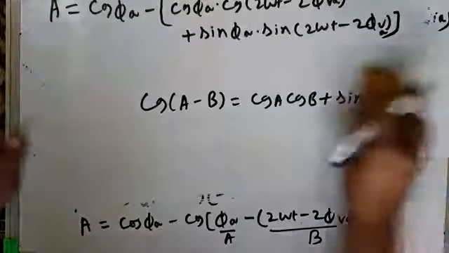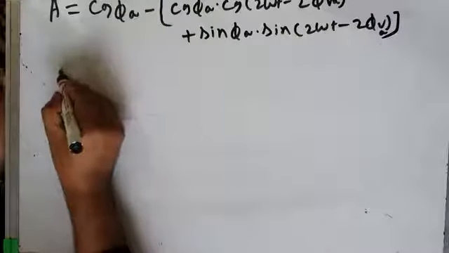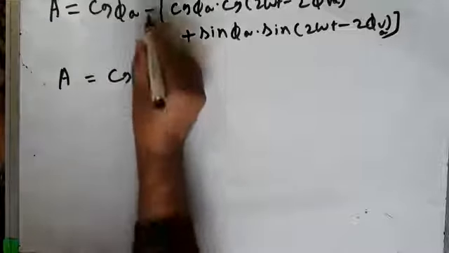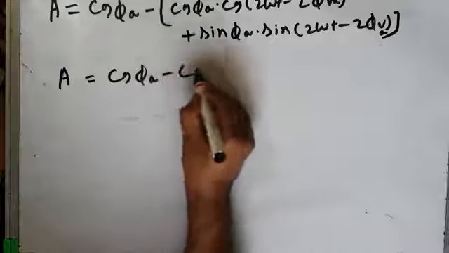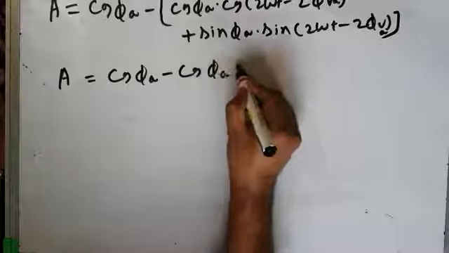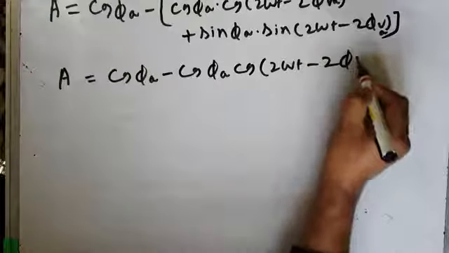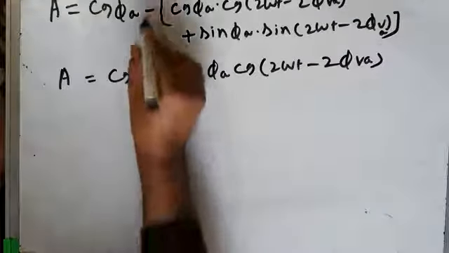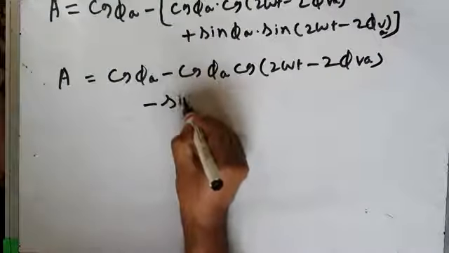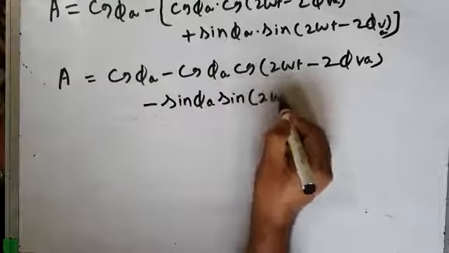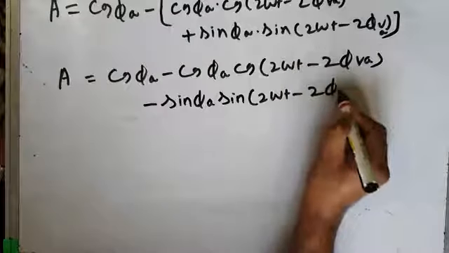That's it. So further simplification gives a equal to cos phi a, I will multiply with this minus term, minus cos phi a into cos of 2 omega t minus 2 phi va, minus plus is minus sin phi a sin of 2 omega t minus 2 phi va.